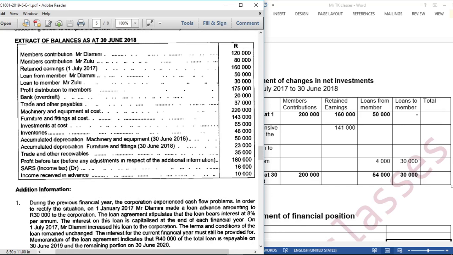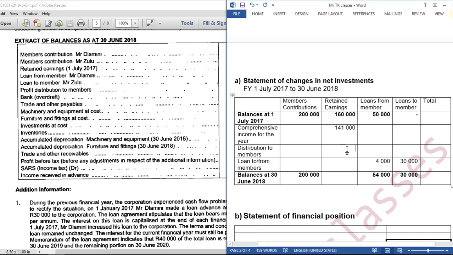Do we have any distributions to members here? Okay, profit distribution to members 175,000. And when we were reading the adjustments, we never saw anything that has to do with the distributions to members in the adjustments.